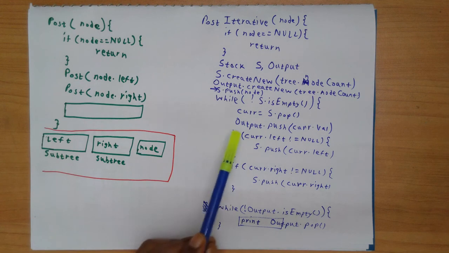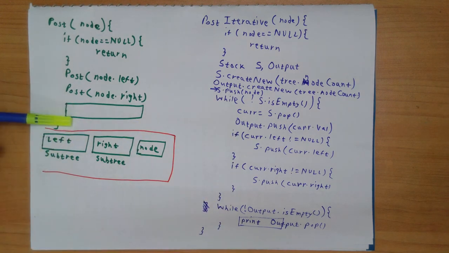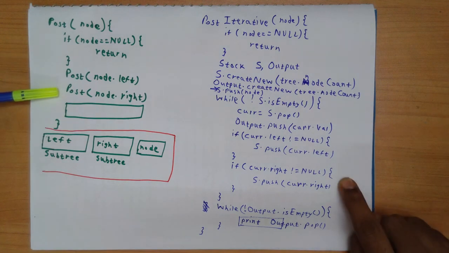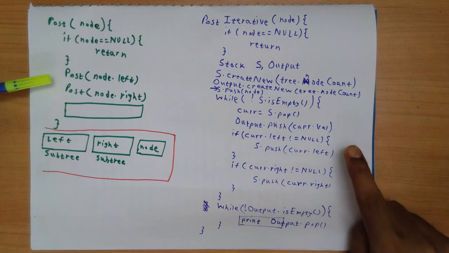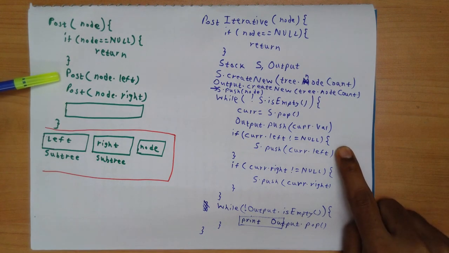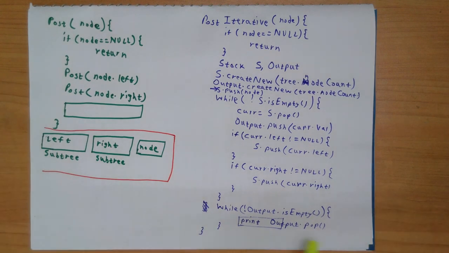So whenever we encounter a node, the first thing we do is store the node in the output stack, then we store the right subtree's output, and then the left subtree's output. And once they are stored in reverse order, we pop them from the stack. So that's the logic of iterative post-order traversal.